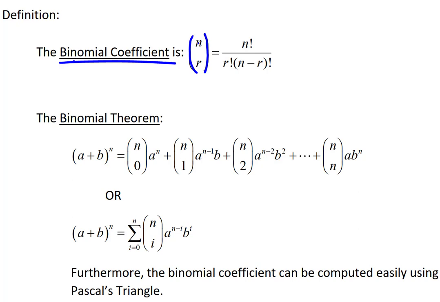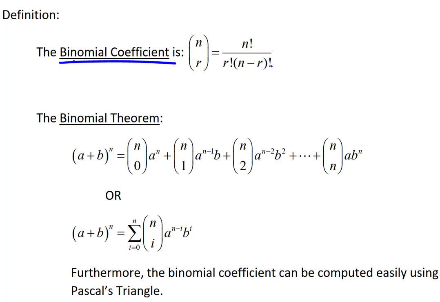So we see n over the letter r, but there's no fraction bar between them. It's just n above r, you could say. All right, but this binomial coefficient, for which that's the notation, is defined as n factorial in the numerator over r factorial times n minus r factorial.